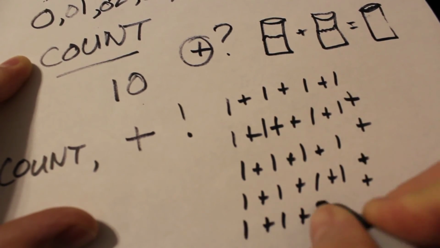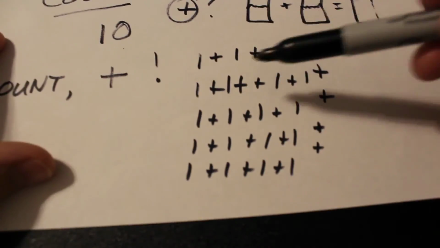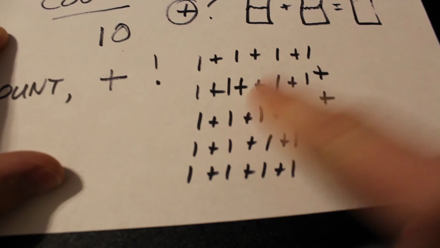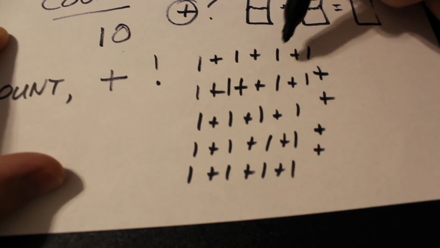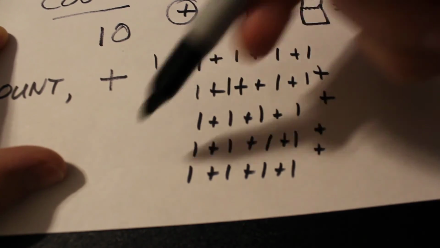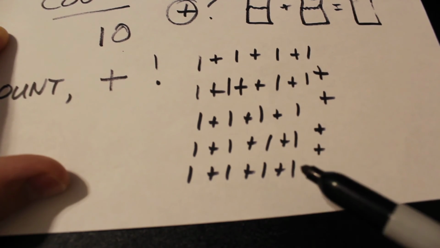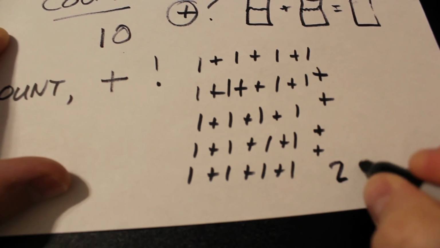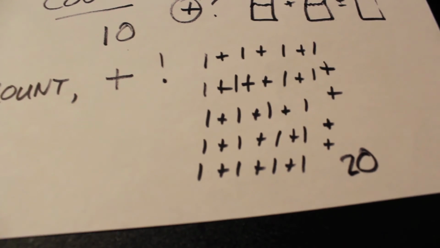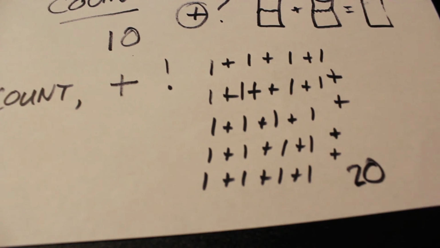Once it has taken 1 plus 1 plus 1 plus 1, which is 4, and then repeats that process 5 times, it gets a final number, which is 20. And so it is then representing that with the number 20. That's how a calculator or computer would do multiplication.